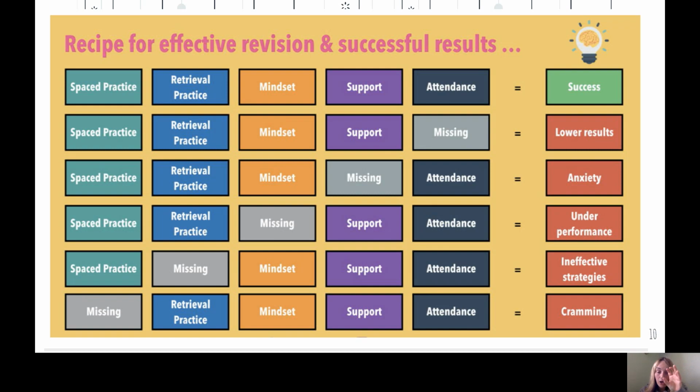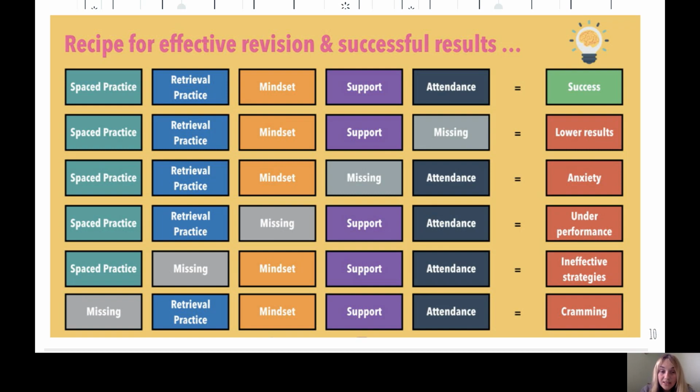Spaced practice: learning something, revising something, having a gap, going back to it again, going back to it a couple of days later, keep going back to it. That's the key. If we're missing that and we're doing everything else, it's known as cramming.